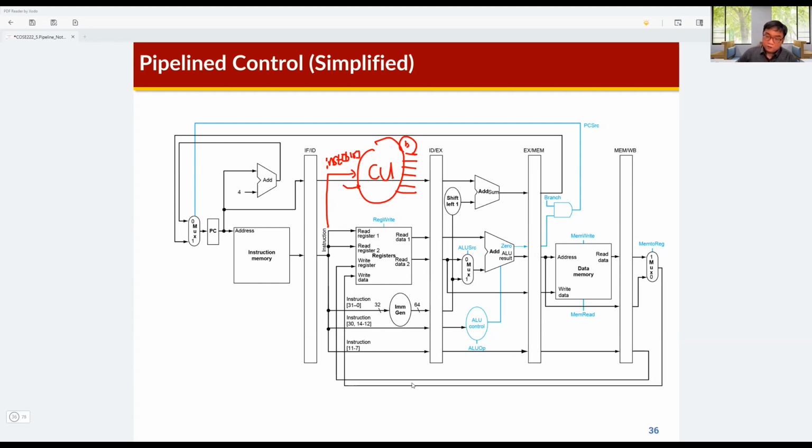Understand? So what does that mean? This is the control unit, and instructions are given to this control unit, and then control signals are generated. So for example, reg write. When this reg write control signal is required: instruction fetch, instruction decoding, EX, memory, write back.